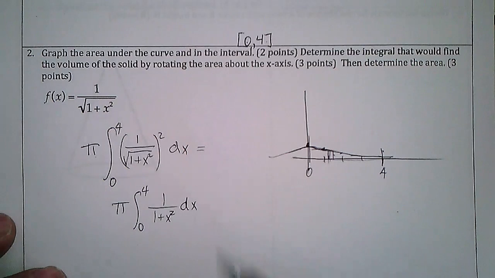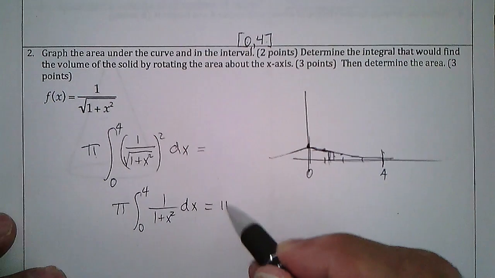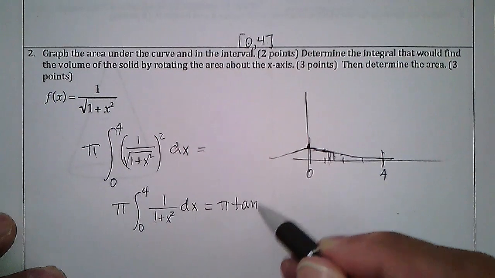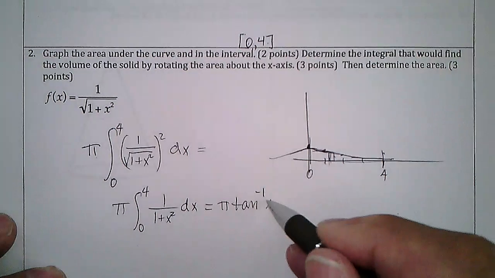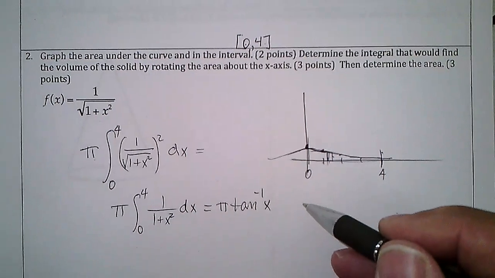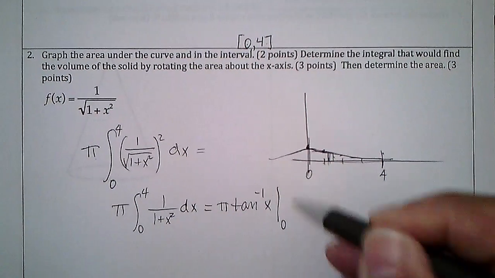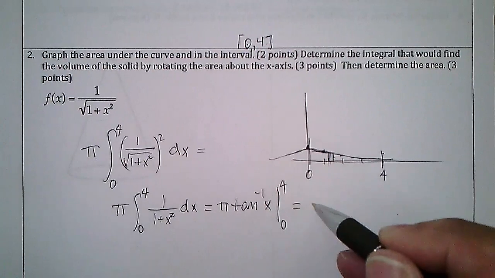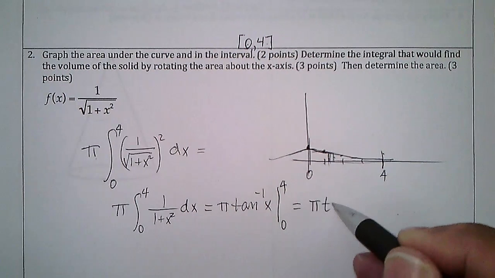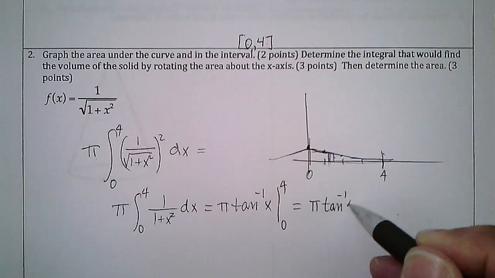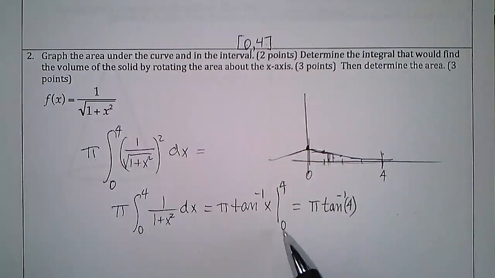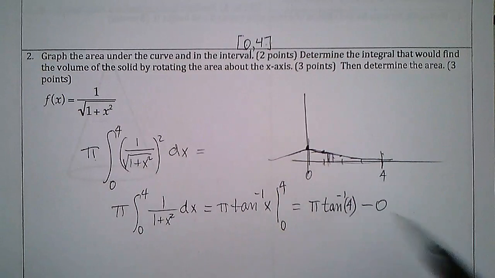dx, which is pi tangent inverse of x, evaluated from 0 to 4, which is pi tangent inverse of 4, and tangent inverse of 0 is 0, so that's gone.